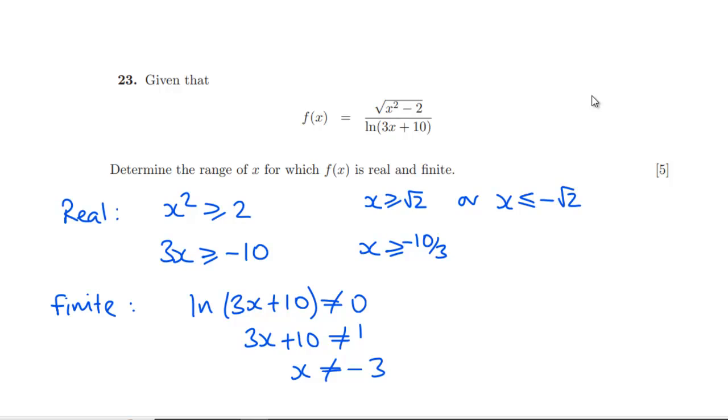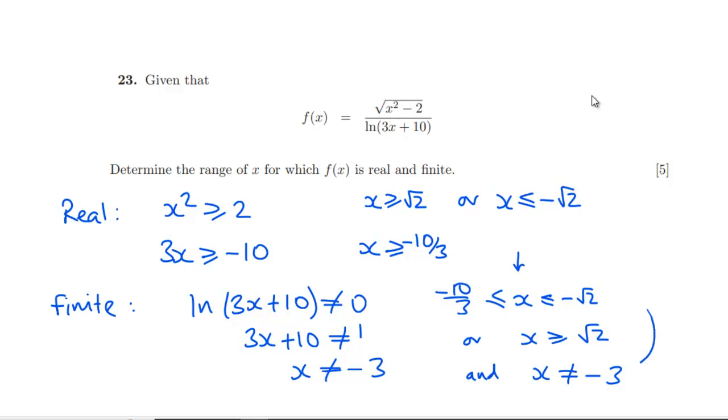So what does this mean then? We need that x has to be between minus root 2 and minus 10 over 3. Yeah, I've got them the right way round. Or we need x to be greater than or equal to root 2. And we need that x is not equal to minus 3, because that is in that range.